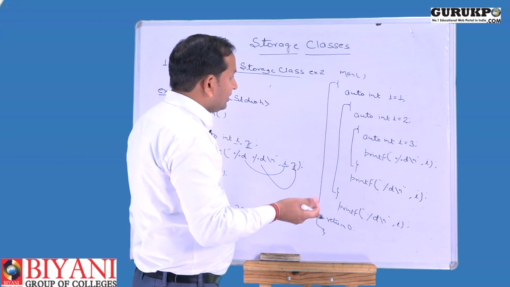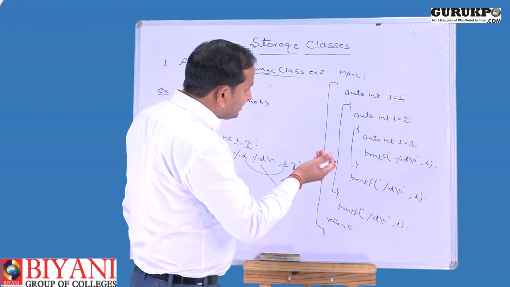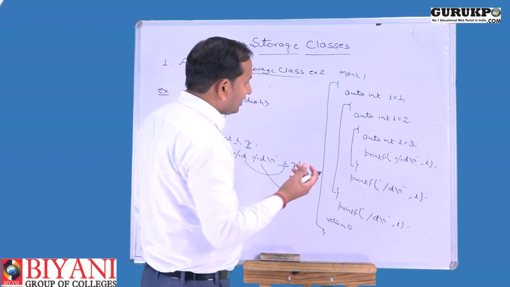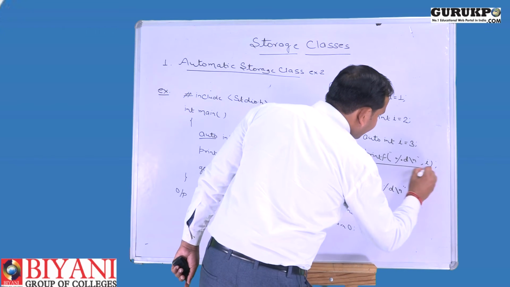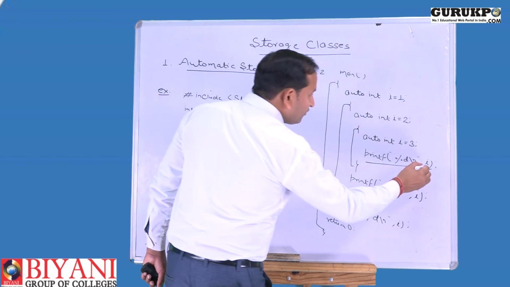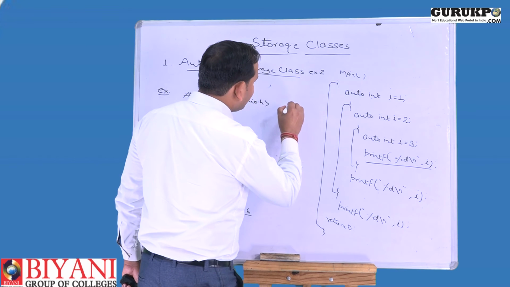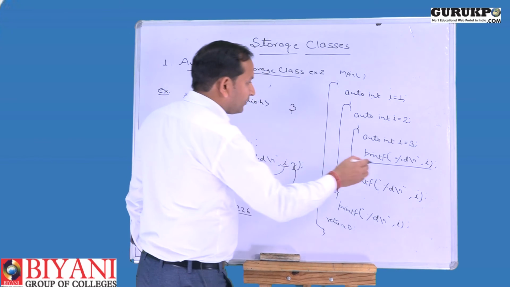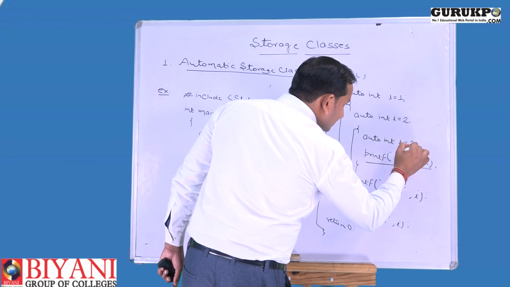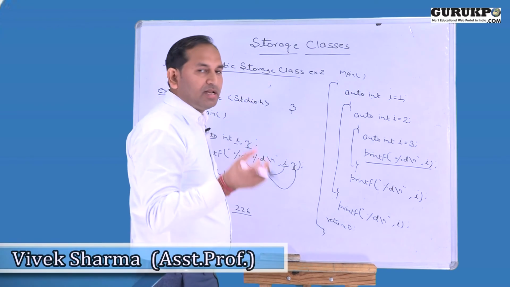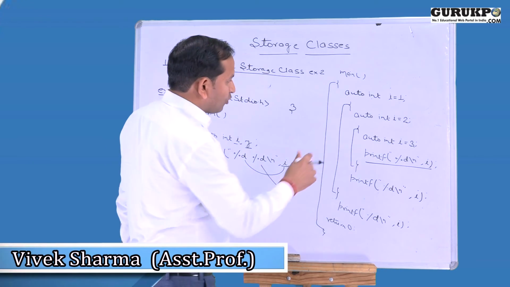So here we can easily see what the meaning of scope is. Here we are printing the value of i. So here the value of i is 3. It prints 3, because this 3 has a unique and local scope in this block.